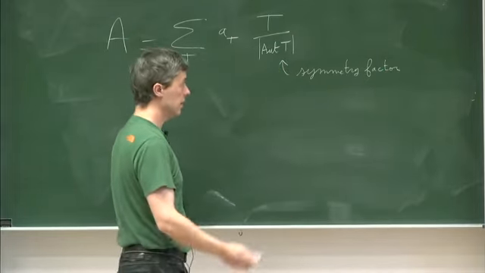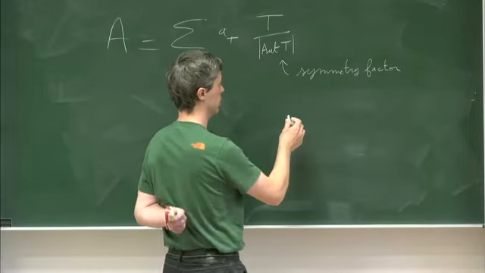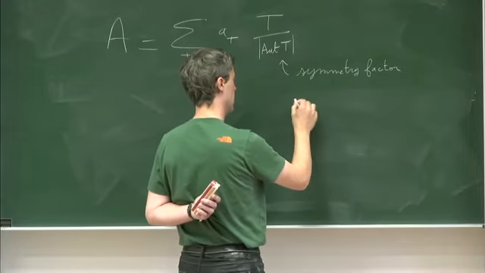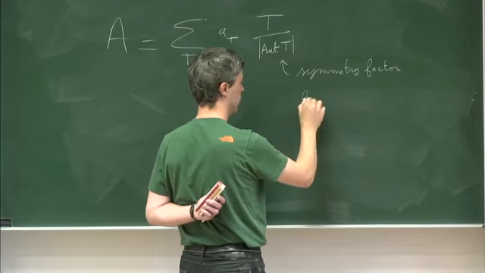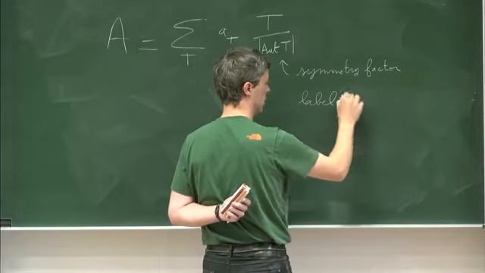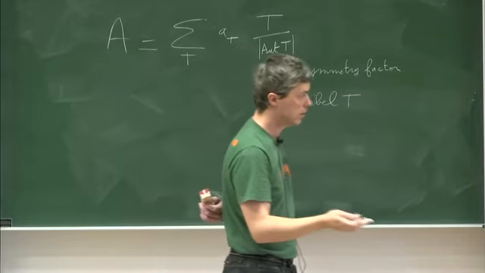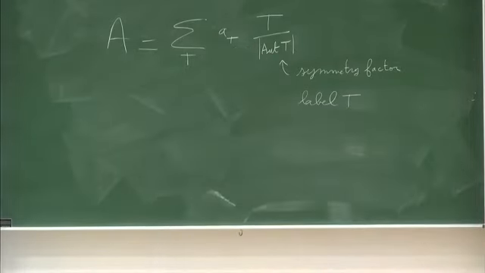So what's that? It's the cardinality of the group. So we label t in some way, for example like that, and we look at all permutations.